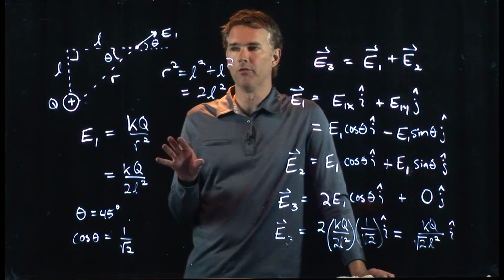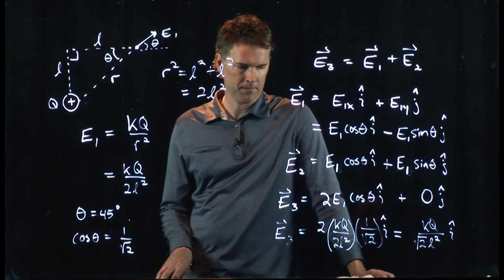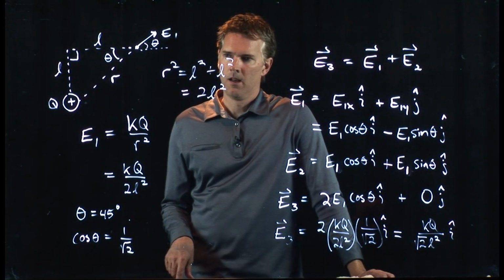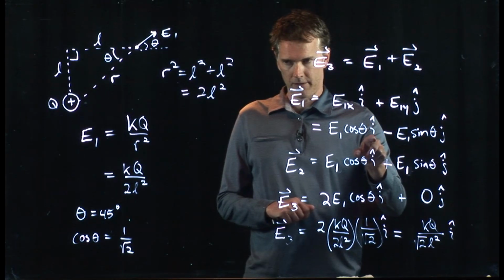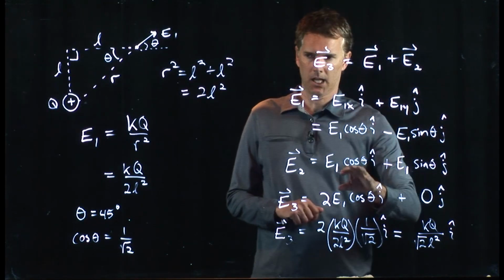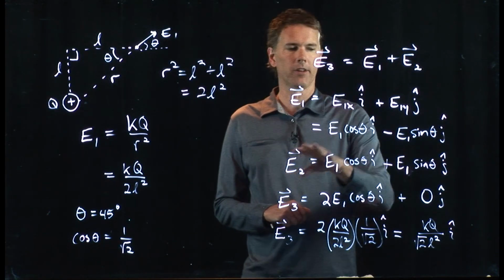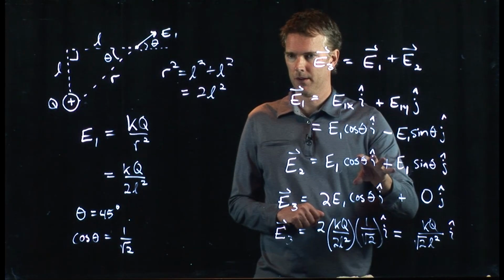That is our resultant field E3 due to those two charges. Questions about that? If you are confused about the unit vector stuff, the I hat, the J hat, the K hat, go to my YouTube channel and there is a whole lecture about unit vectors, and it'll walk you through it.